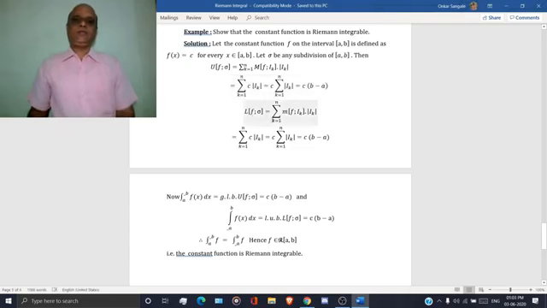Similarly, we calculate the lower sum for f corresponding to subdivision sigma.